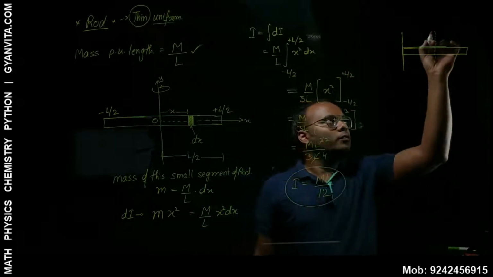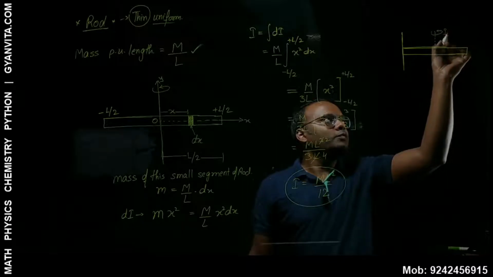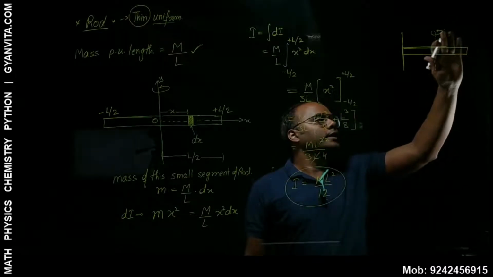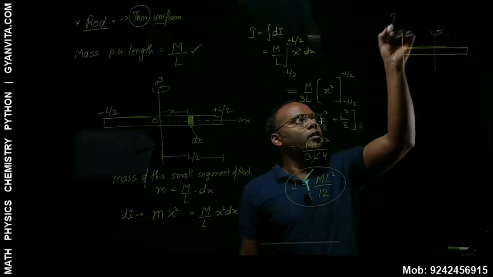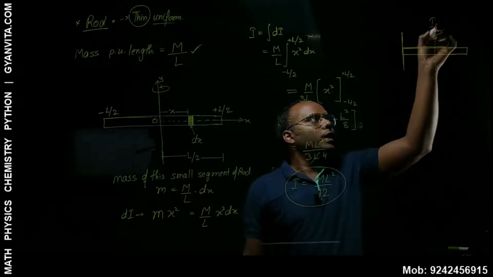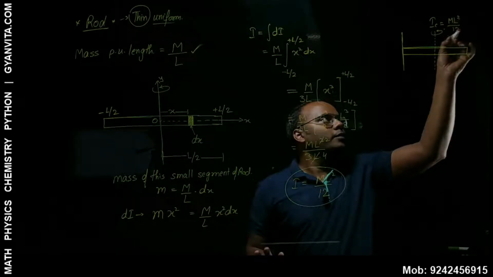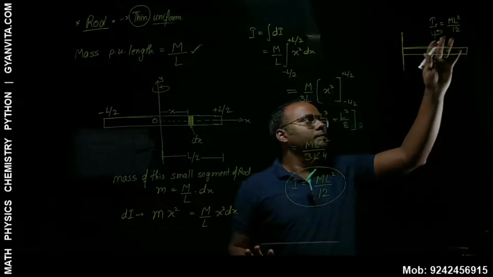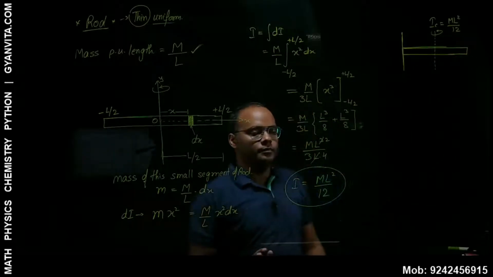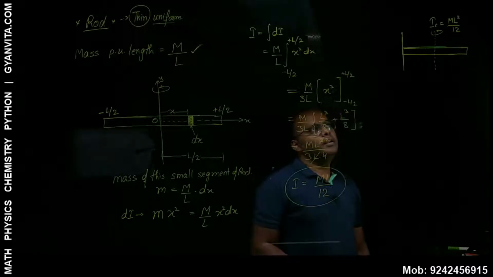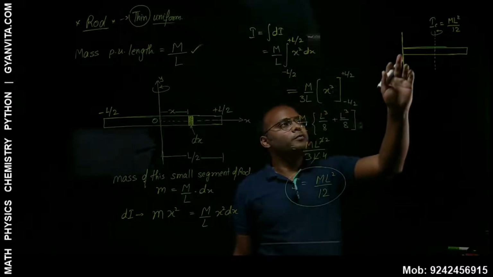So what was this moment of inertia? This moment of inertia was along the center of mass, and I can say that here in this case the I along center of mass was equal to ml square divided by 12. Right? Okay.